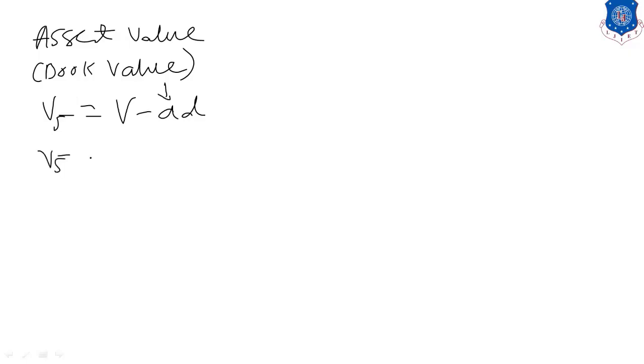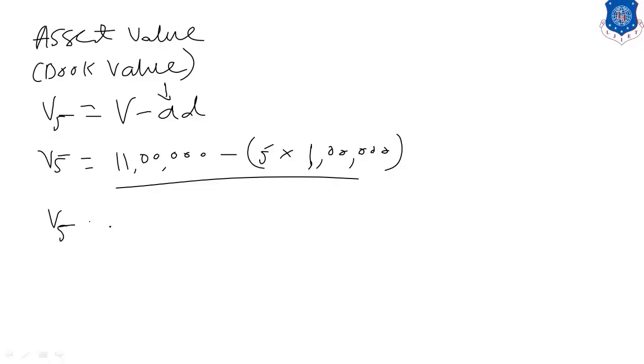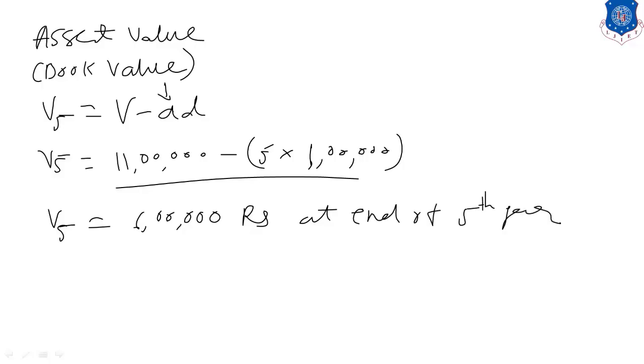So V5 is equal to V, which is 11 lakh rupees, the original cost of equipment, minus A, which is 5, for the fifth year, into the depreciation value, which is 1 lakh rupees. Calculating this, we get the asset value or book value at the fifth year for that equipment as 6 lakh rupees at the end of the fifth year. So this is the book value of that particular equipment at the fifth year.